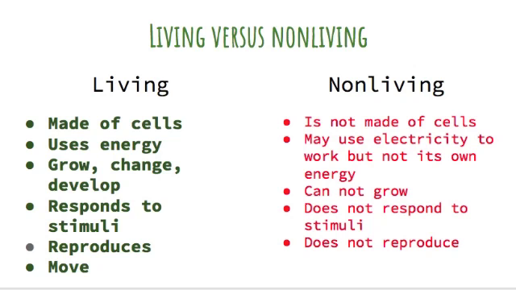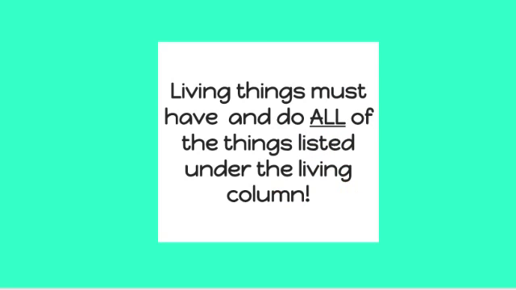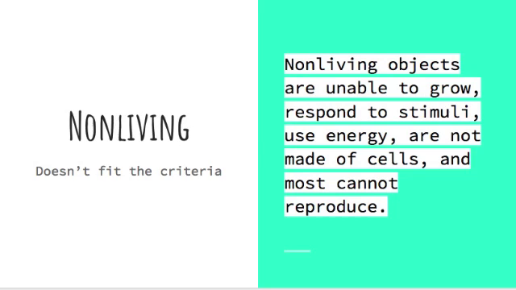It uses batteries to power itself, which is electricity, but that's not using the kind of chemical energy that living things use. And they don't grow, and they don't respond to stimuli, and they can't reproduce. So non-living objects, again, do not meet any of the criteria of living objects.